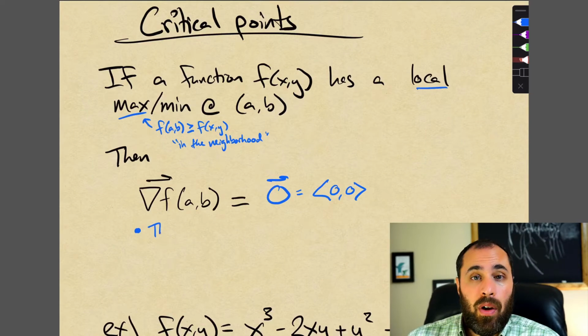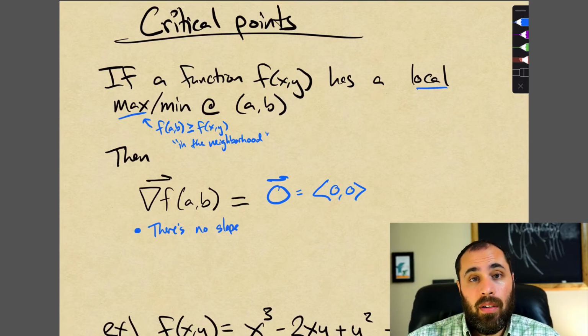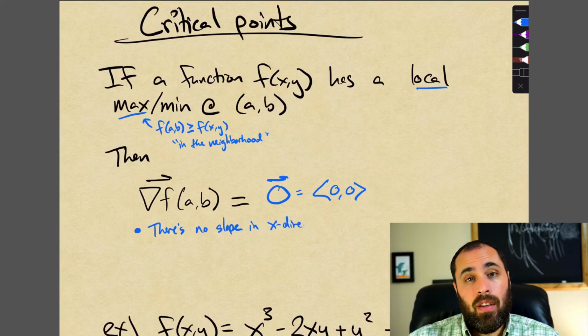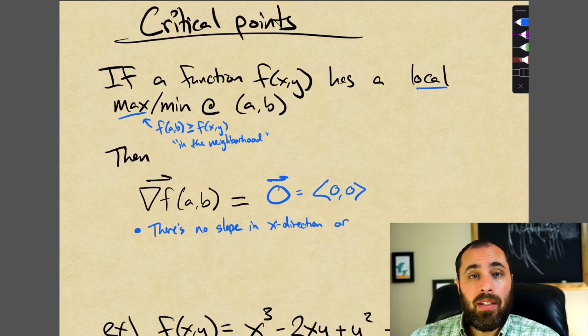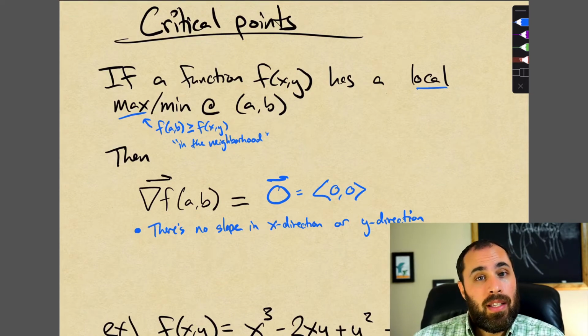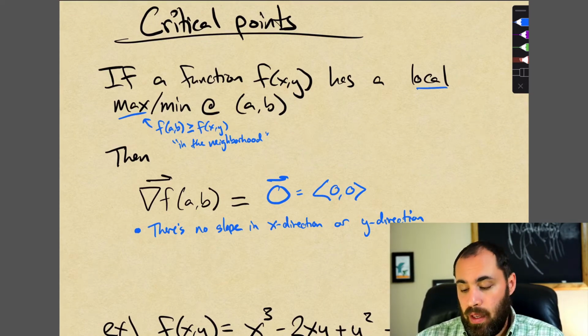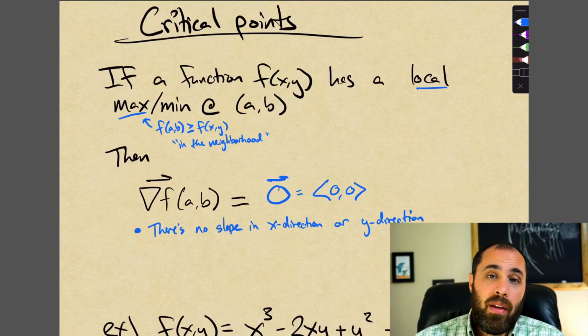If either of those partials was a non-zero number, we could increase by going in one of those directions. If the partial with respect to x was positive, we could get something higher by going in the x direction. Or if it was negative, we could get something higher by going in the negative x direction. And the same could be said about y. So at a max or min, both of those partials have to be 0.